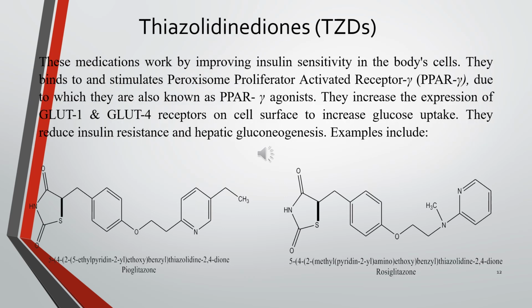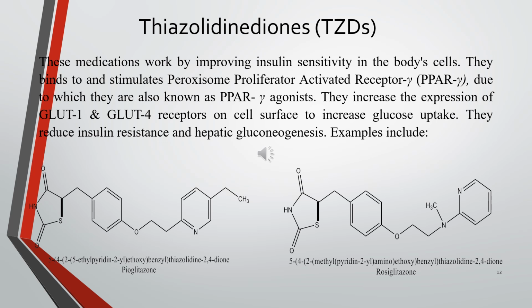The next category of drugs is thiazolidinediones. These medications work by improving insulin sensitivity in the body's cells. They bind to and stimulate the peroxisome proliferator activated receptor gamma, that is PPAR gamma, due to which they are also known as PPAR gamma agonists.